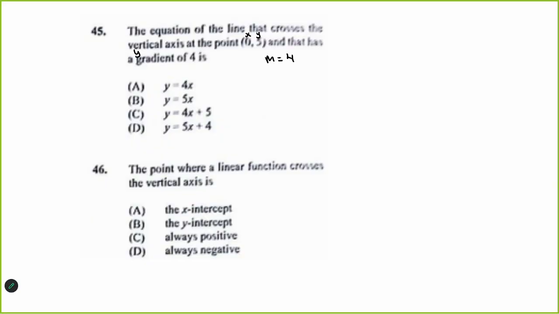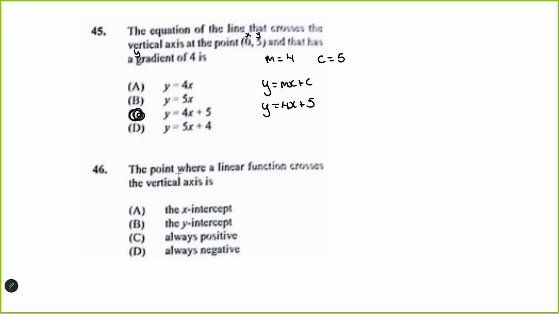And wherever a line intersects my y-axis, it is known as my y-intercept. So c is equal to 5. We should know that y is equal to mx plus c, and we fill in the m and the c spots. So y is equal to 4x plus 5. So the answer for this one is C.